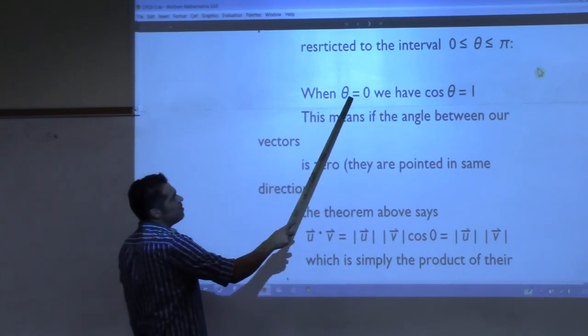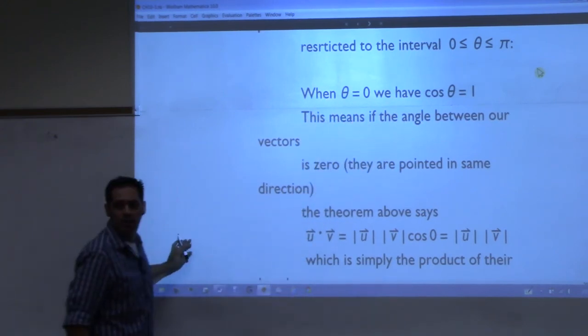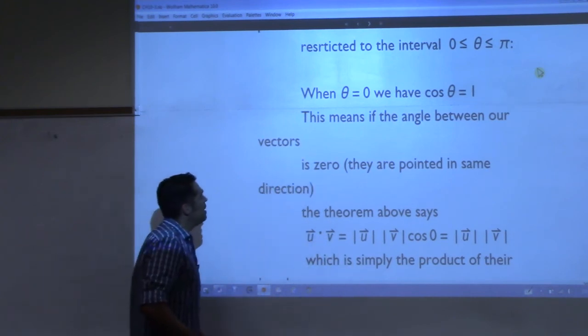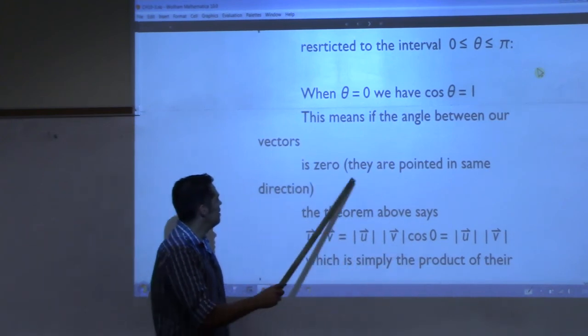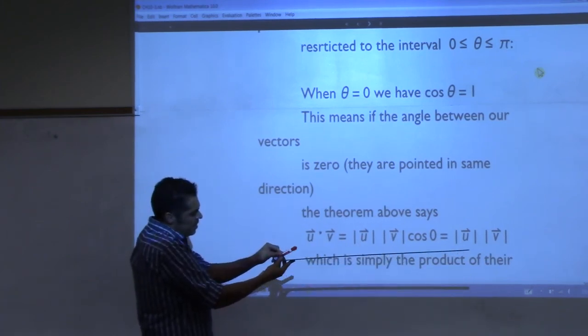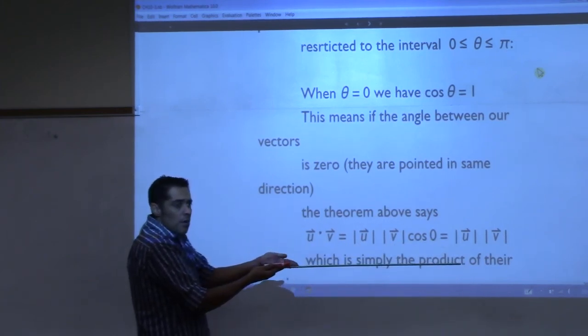When theta is 0, we know that cosine is 1. This means that if the angle between our vectors is 0, they're pointed in the same direction, cosine is 1.